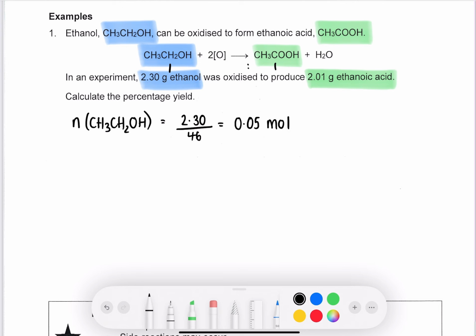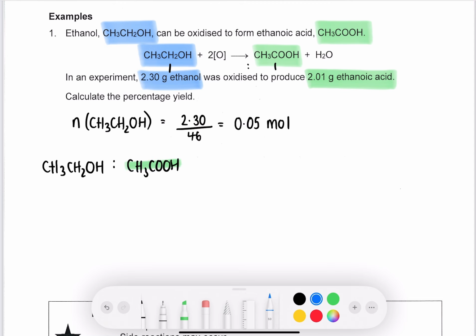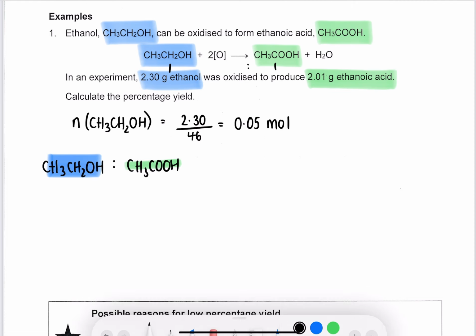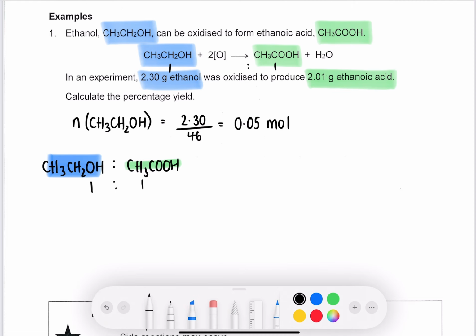Now, since the ratio of ethanol in the balanced equation to ethanoic acid, the product that we're trying to get, is 1:1, the theoretical amount of ethanoic acid we could form would be the same as the moles of ethanol we started with.